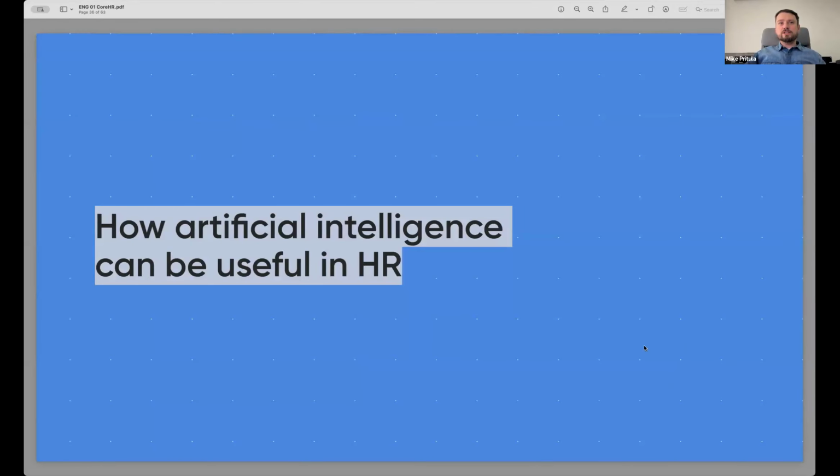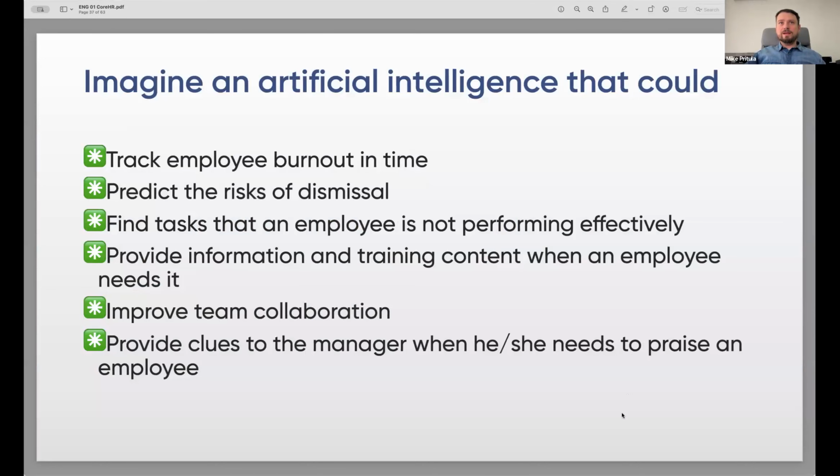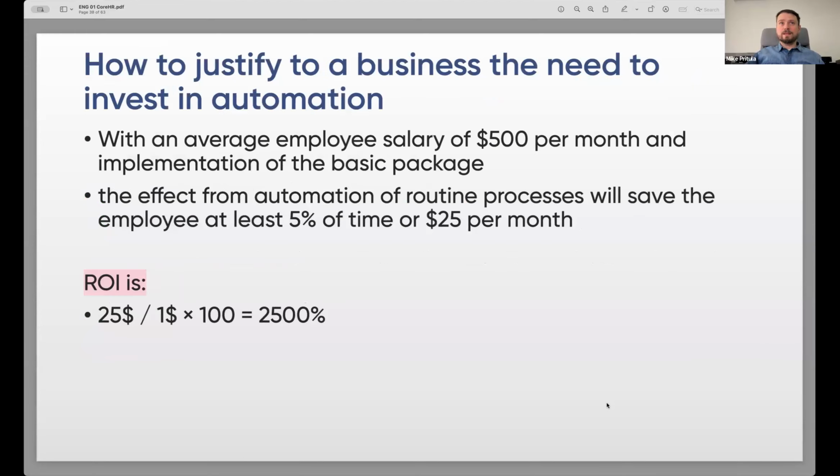How can artificial intelligence be useful in HR? Imagine an artificial intelligence that could track employee burnout in time, predict the risks of dismissal, find tasks that an employee is not performing effectively, provide information and training content when an employee needs it, improve team collaboration, and provide clues to the manager when they need to praise an employee.